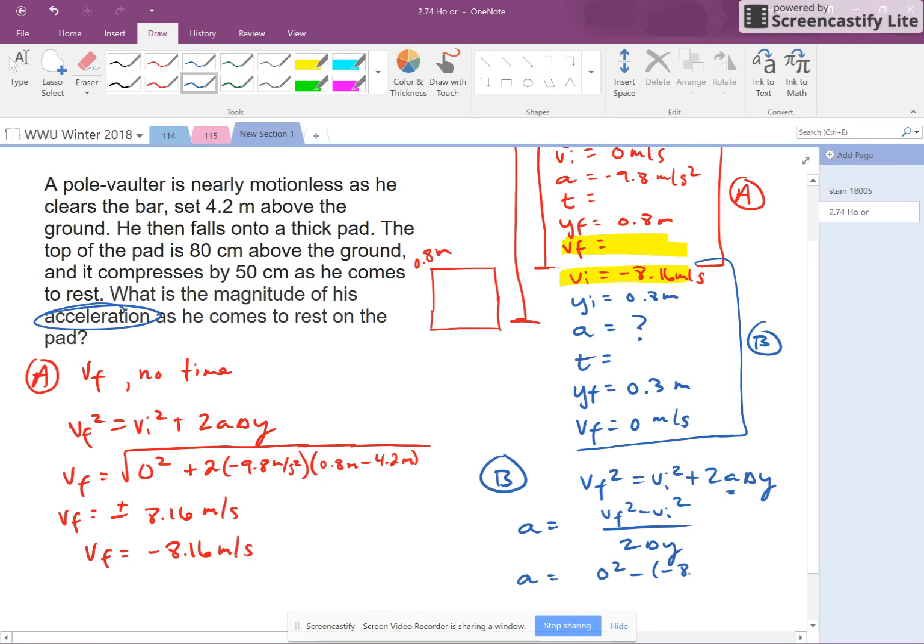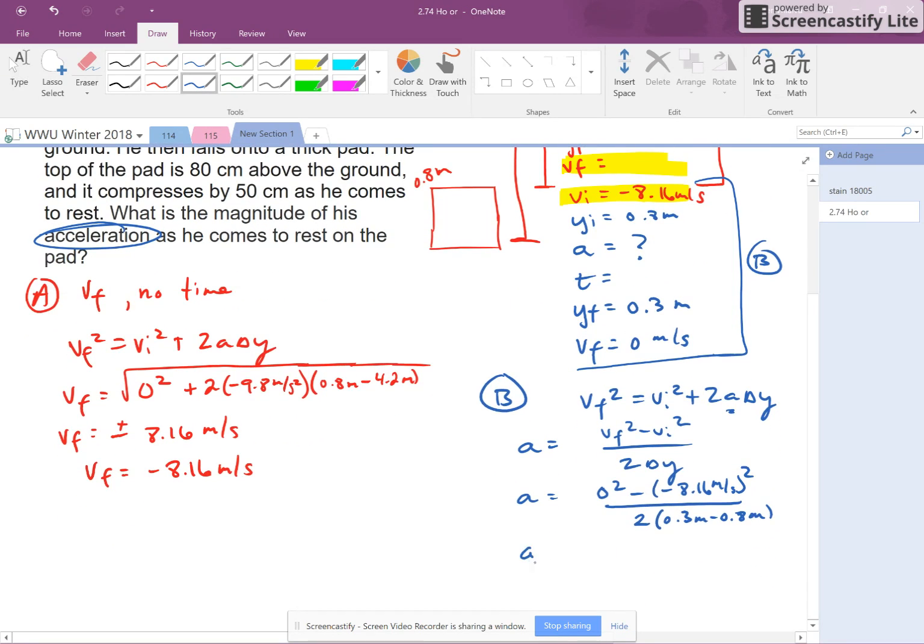Initial velocity is negative 8.16 meters per second, squared. Divided by 2 times the final height of 0.3 meters minus 0.8 meters. Punch that into your calculator, and I find an acceleration of 66.64 meters per second squared.